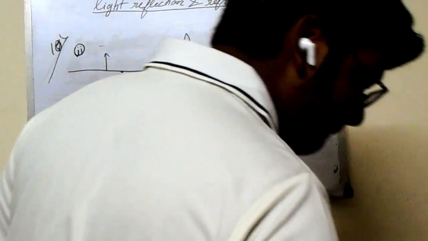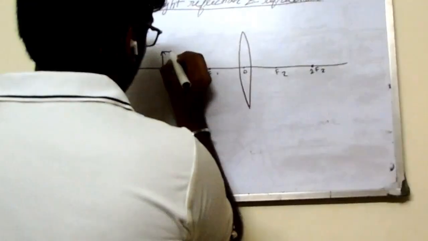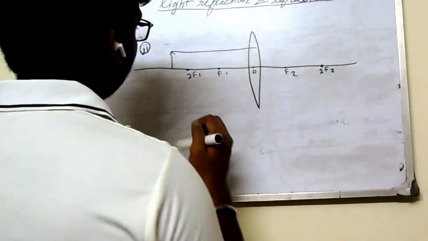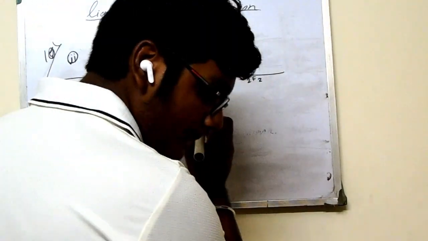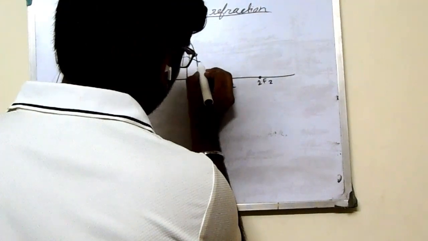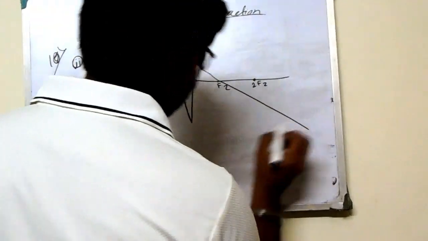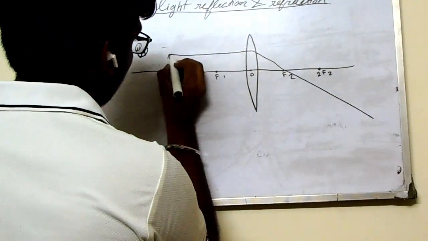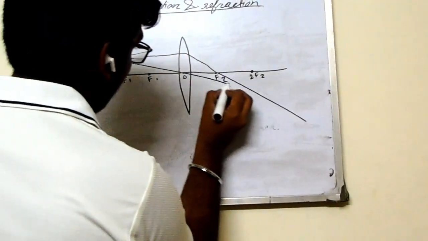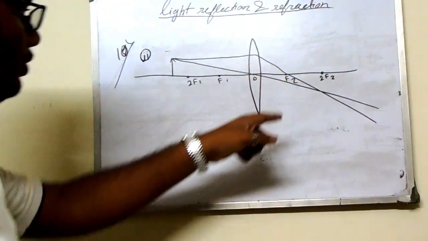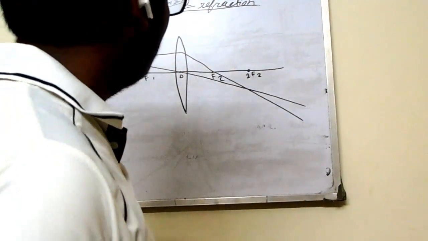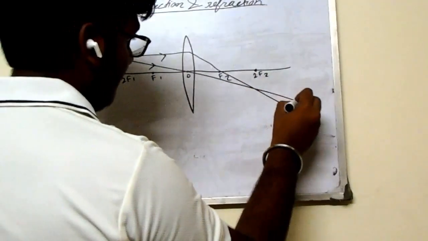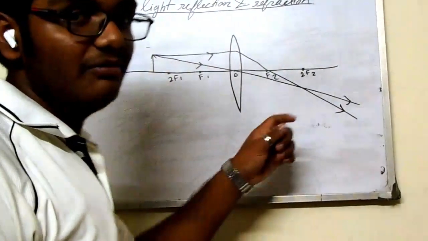Okay, here, so where the image is forming, where the two rays are meeting each other, so there is no reflection over here.